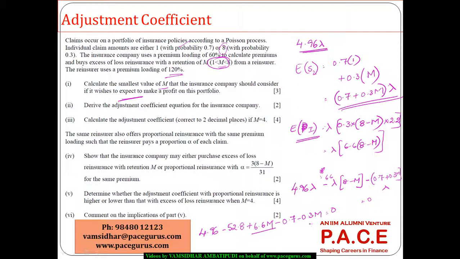So overall it is coming out like 6.3 M is equal to 52.8. Oh, this is not 6.6, sorry, this is 0.66. 0.3 times 2.2 is 0.66. So it is 5.28. So 4.96 minus 5.28 minus 0.7.